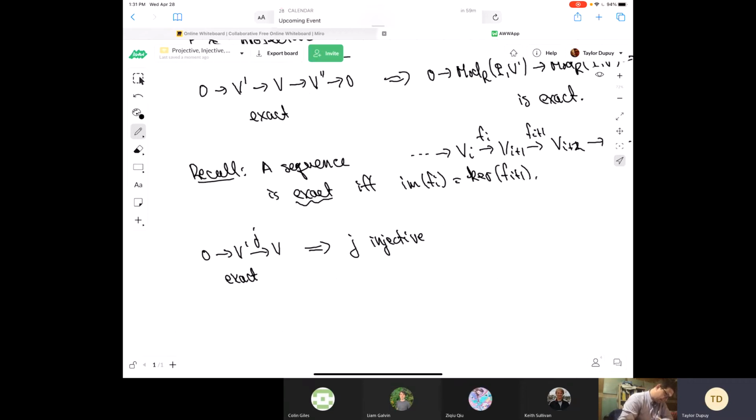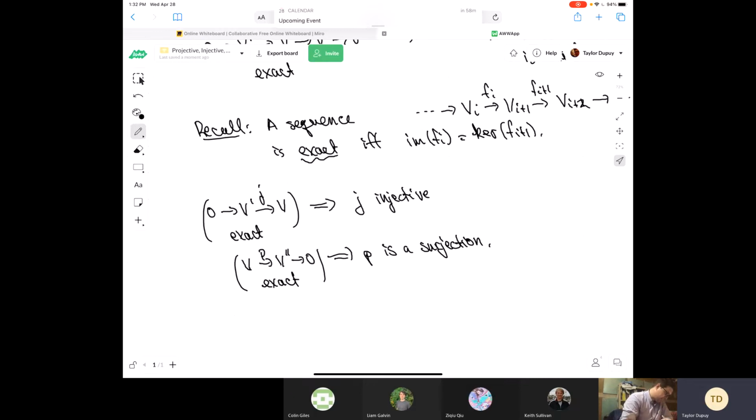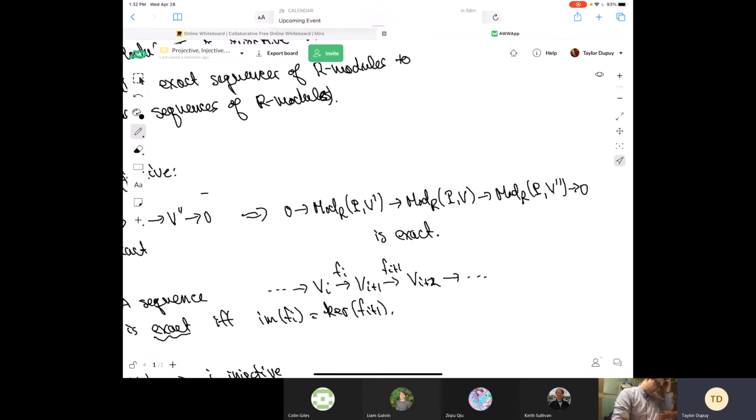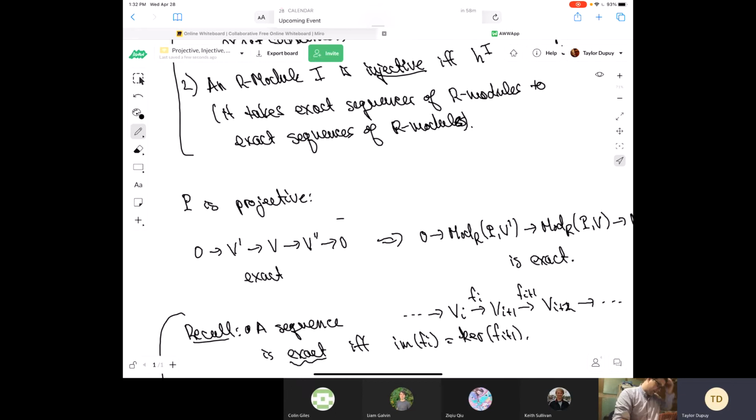And this part being exact implies that, let's call this map P, P is a surjection. Okay, so that's what exact sequences were. So this is what projective means.